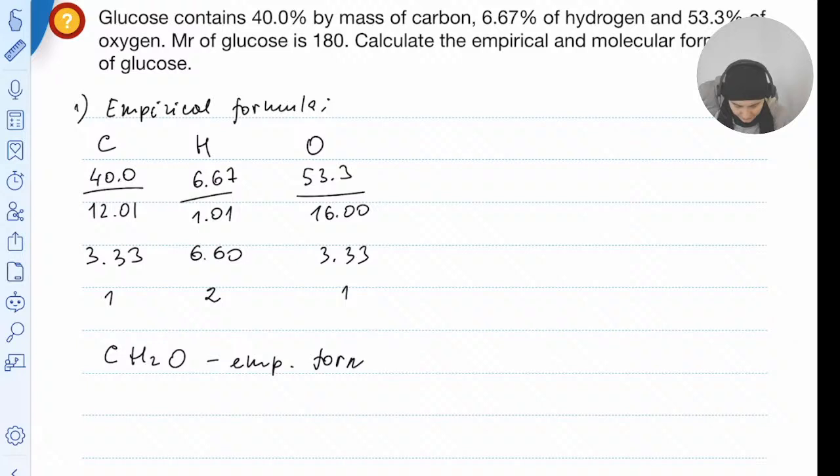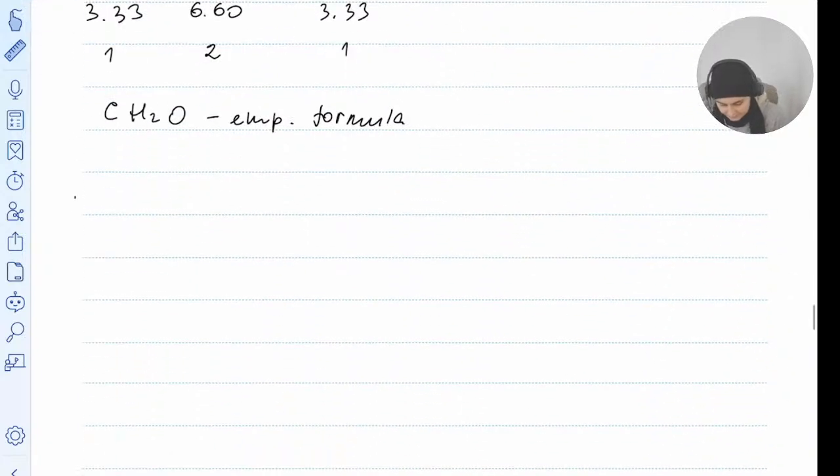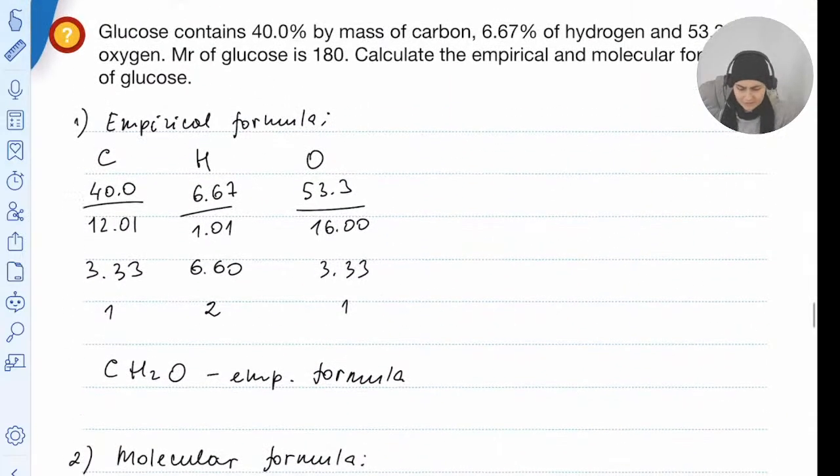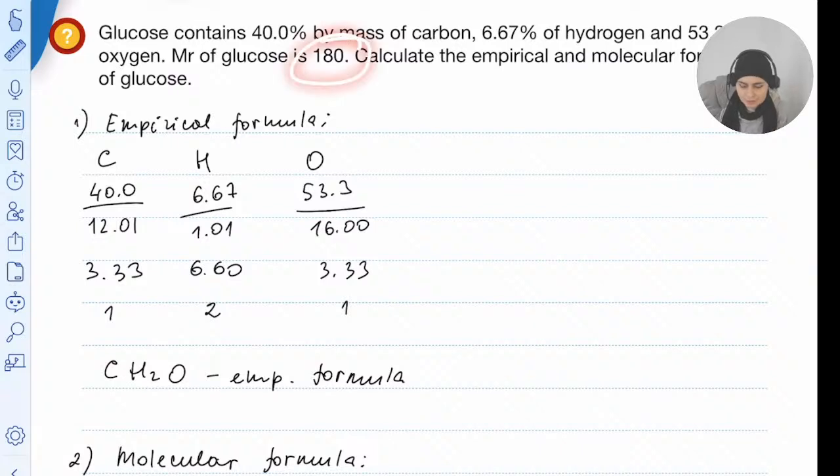That's our empirical formula. Okay, now molecular formula. To find the molecular formula, we need to find out how much heavier is our true formula, which is the molecular formula, compared to the empirical formula, right?